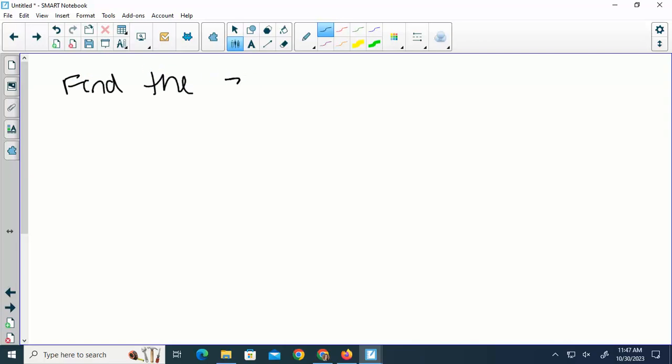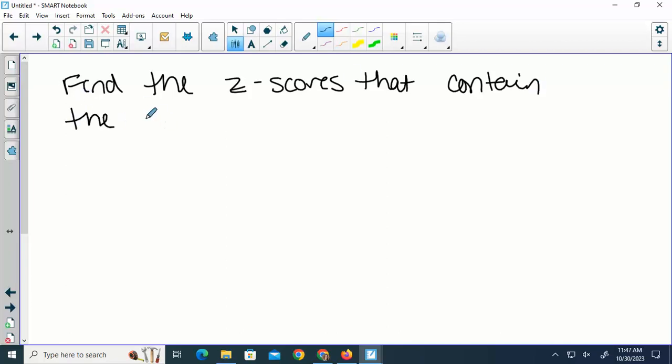Find the z-scores that contain the middle 92% of the distribution.